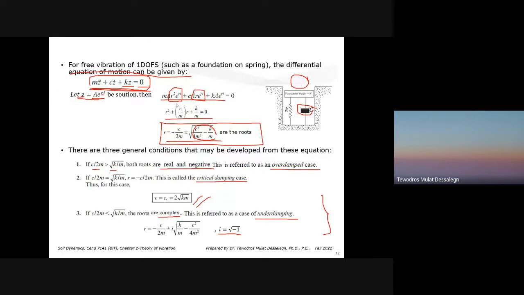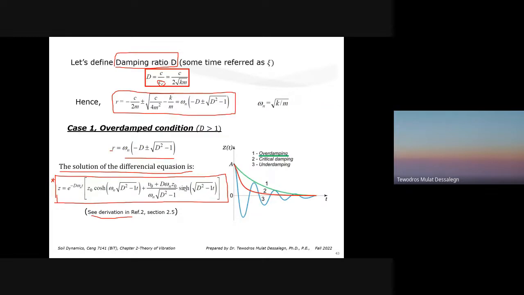From there, depending on what is under the square root, we have these three cases: overdamped, critical damping, and underdamping. And we define the damping ratio as the damping divided by the critical damping, which is 2 square root of km.